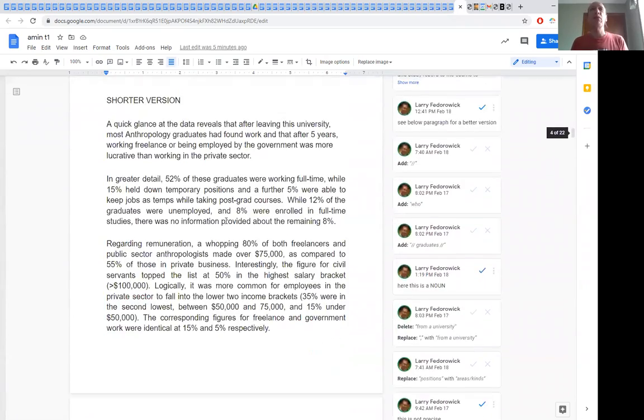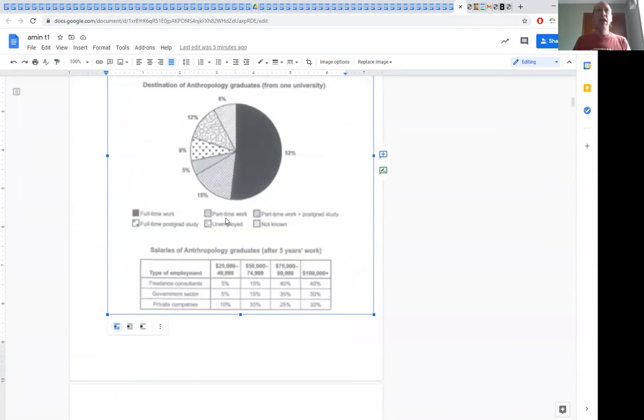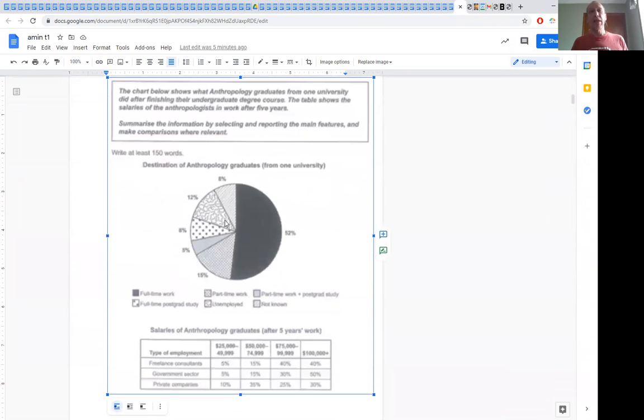But then my student said, well, how do we do this? How do we write about this and not write 300 words, because it seems like that's what you need to write to fulfill all of the requirements of getting a good score. So we are going to take that into consideration today.